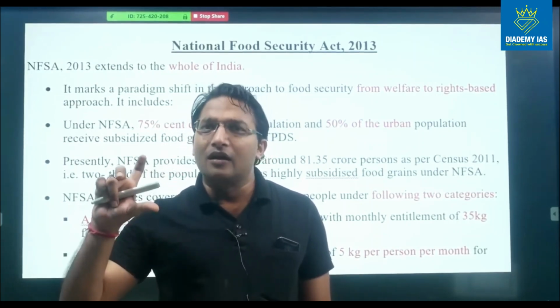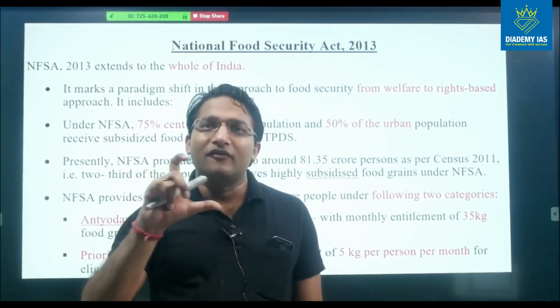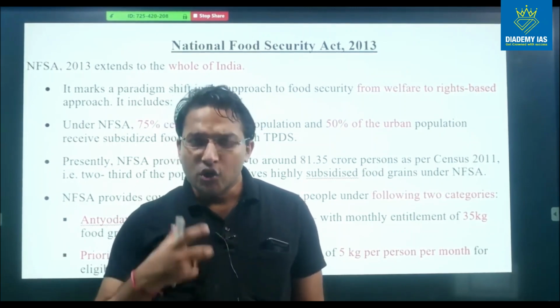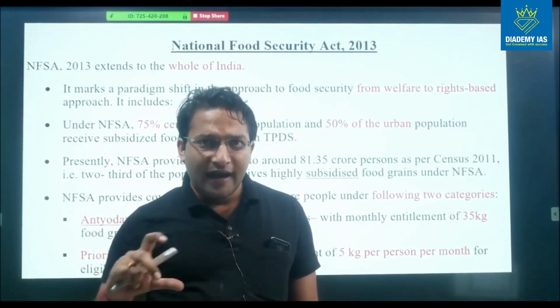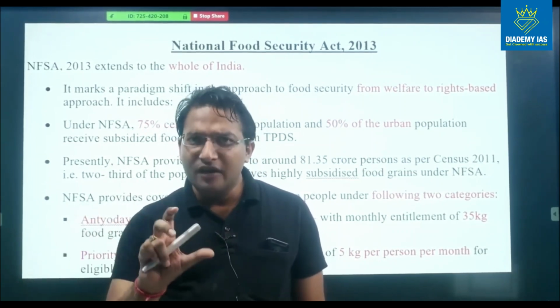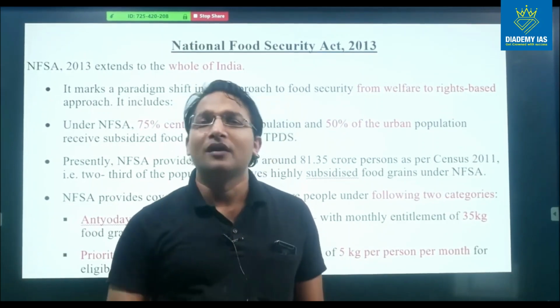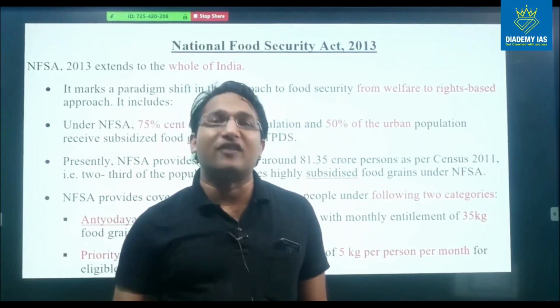The females were made head of the family for the purpose of giving the ration card, right? So the female of more than 18 years of age, and out of all the females, the eldest female will be the person in whose name this ration card will be issued. So this also ensured women empowerment.